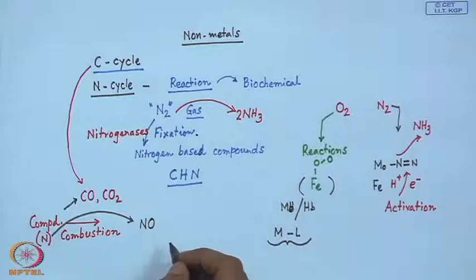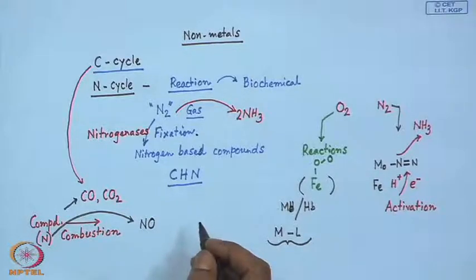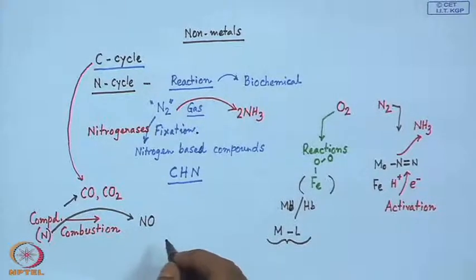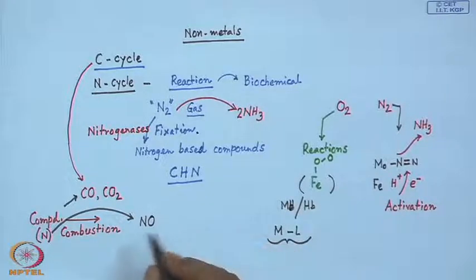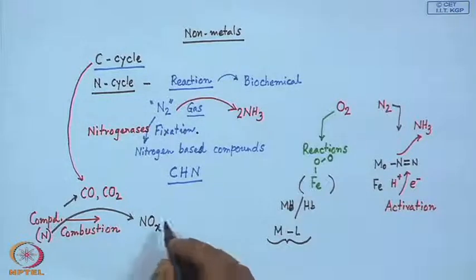We typically know from our school days that when we react nitric acid with copper, the reduction of nitric acid can lead to different sorts of nitrogen oxides. It can be nitric oxide, it can be nitrous oxide, it can be nitrogen dioxide. All these we can consider in general form as NOx, the different nitrogen based oxides.